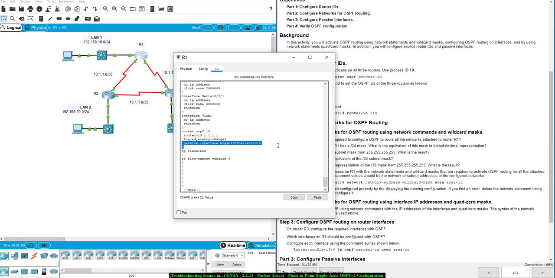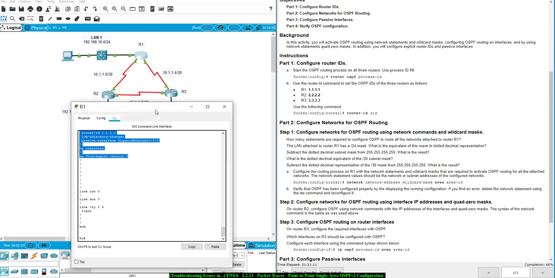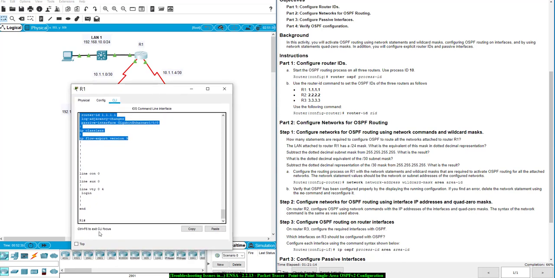He did put in passive-interface GigabitEthernet 0/0/0, configured the router ID of 1.1.1.1, but nothing else that is there. So we're going to have to put some more configurations in here. All right, so let's go ahead and do that. Now router 1 right here, I can see what it's connected to, so it's going to be pretty easy.